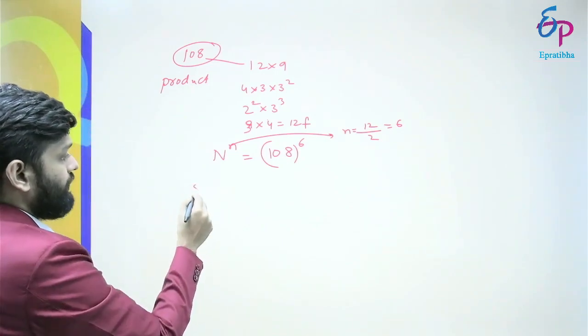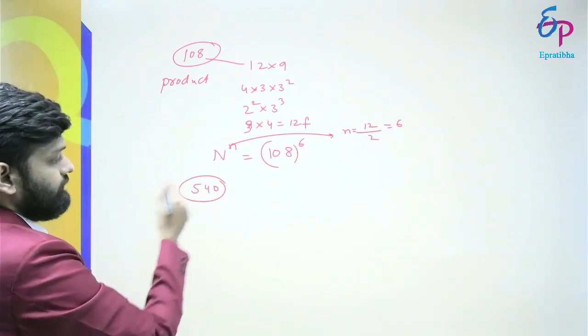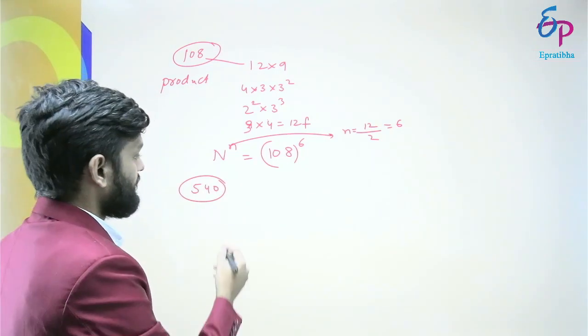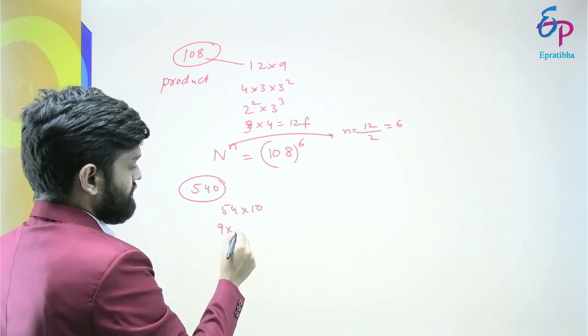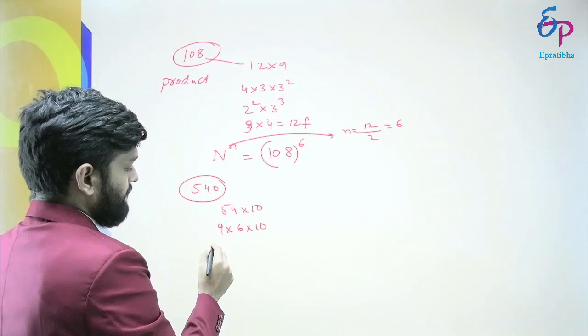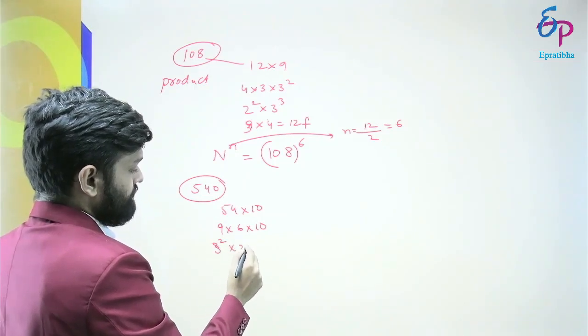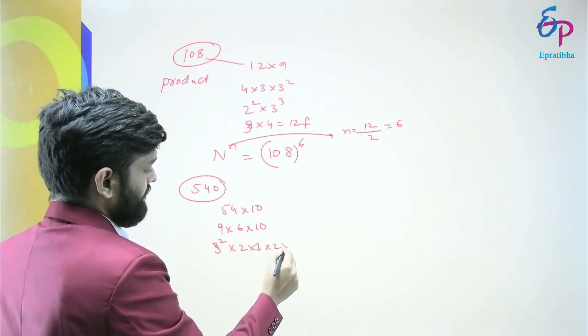Now if you take 540, what is the product of factors? 540 means 54 into 10. That is 9 into 6 into 10. This is 3 square, this is 2 into 3, and this is 2 into 5.